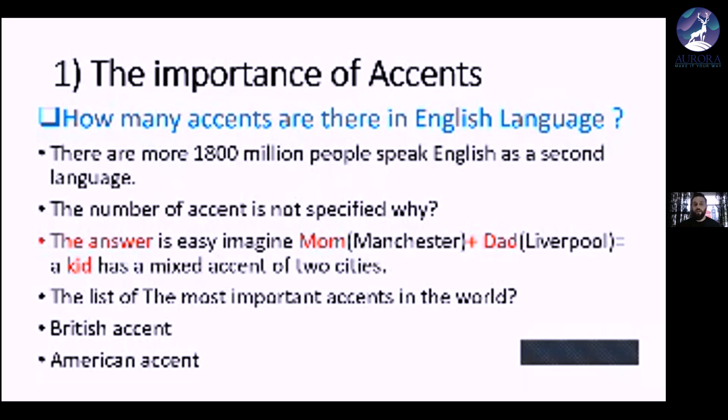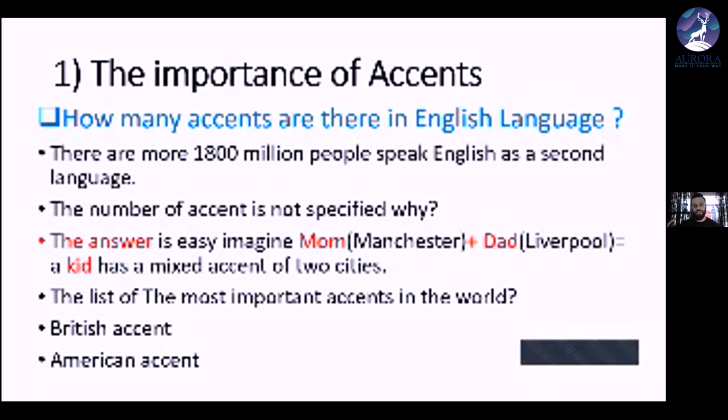The second fact for the English language is that the number of accents is not specified. Not specified. Why? The answer is so easy. Imagine that there's a mom from Manchester and a dad from Liverpool, as in this equation I have.